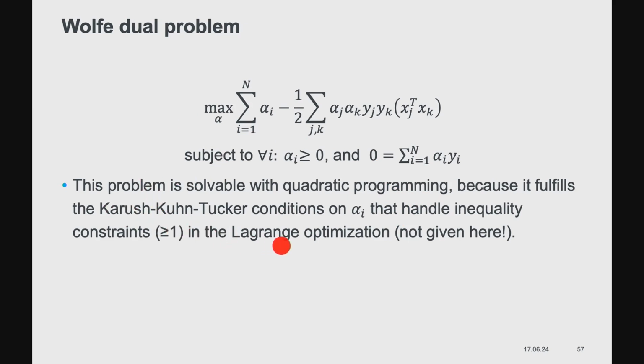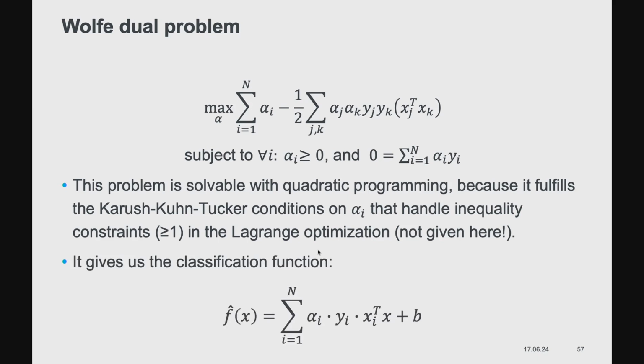There are certain Karush-Kuhn-Tucker conditions on alpha I, and there is an analytical solution for this. And in the end, it gives us this function in the form alpha I, yi, xi, x.